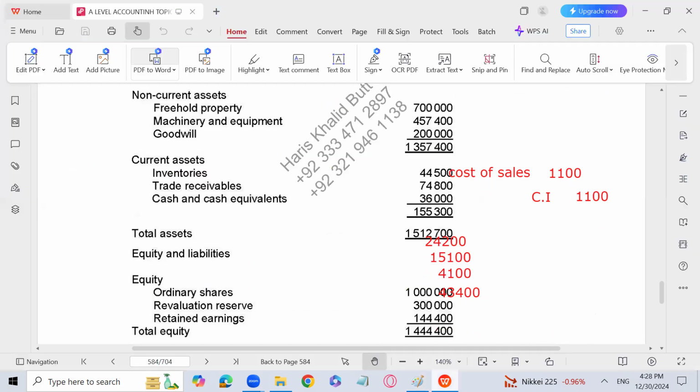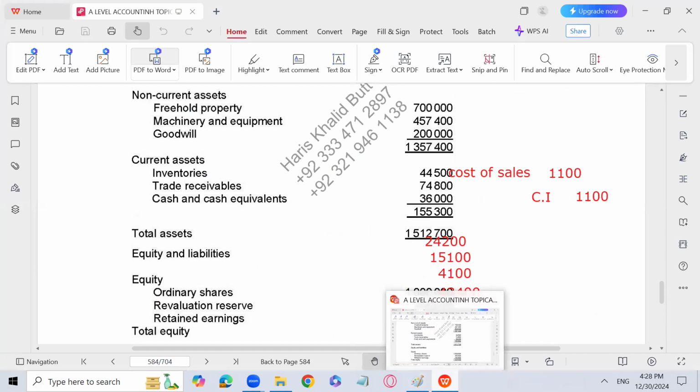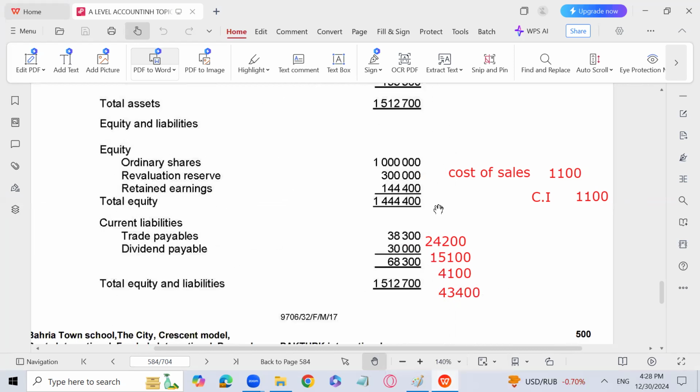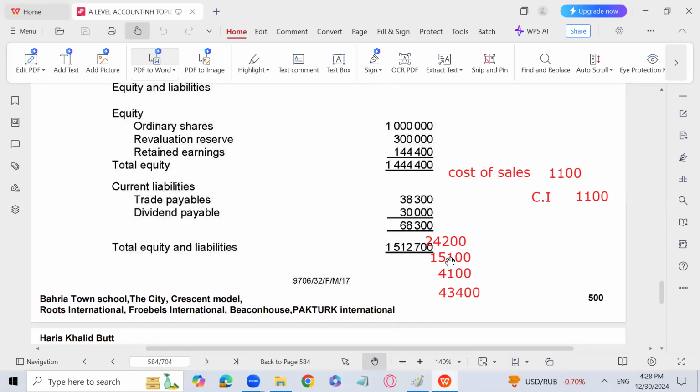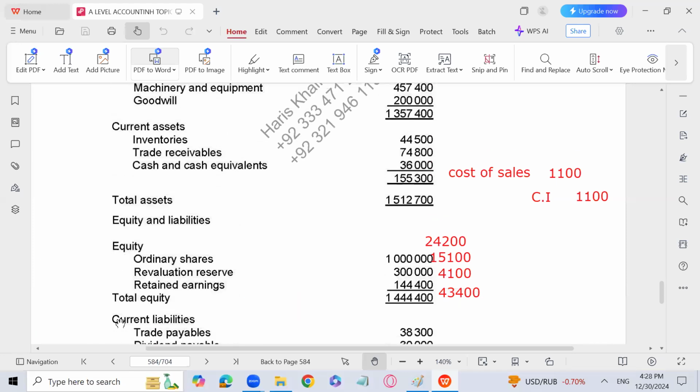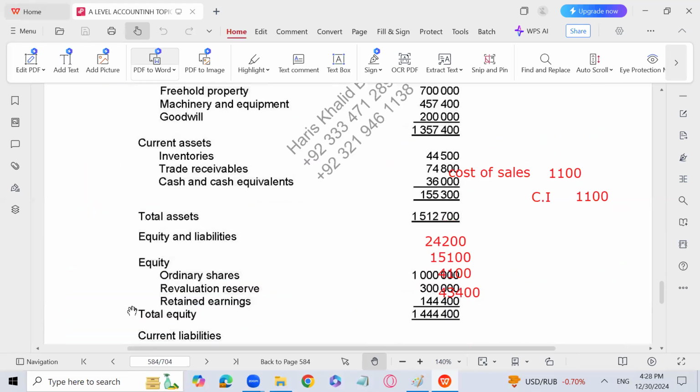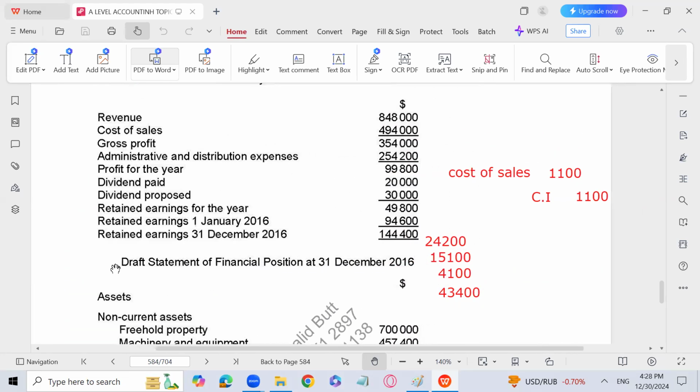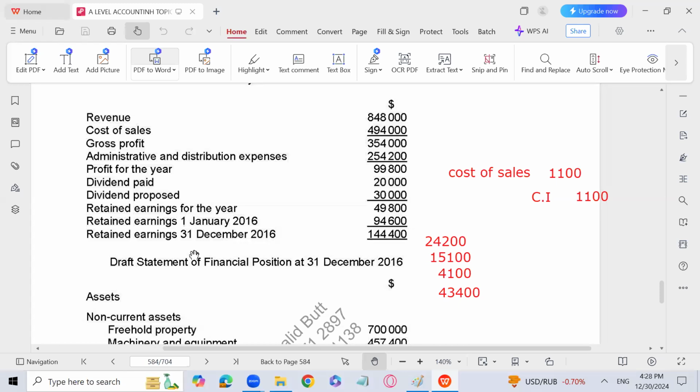And retained earnings will be adjusted accordingly. Retained earnings are given as 144,400 over here. But if you just look at the income statement, we have been given the profit for the year. Retained earnings at the start, on 1st January, is 94,600.